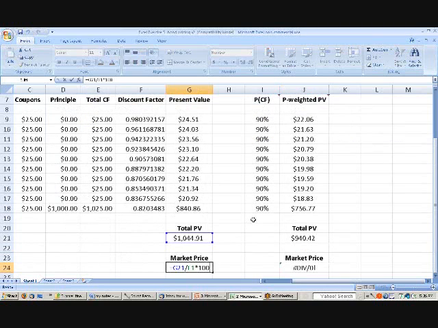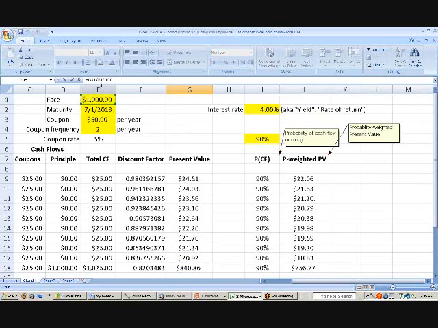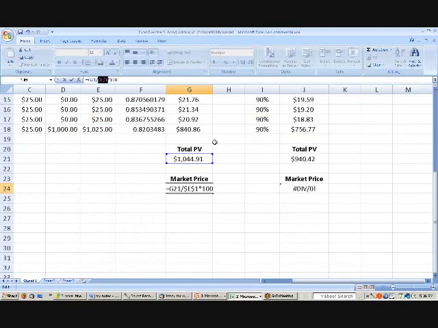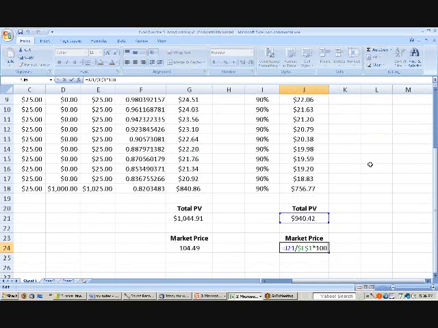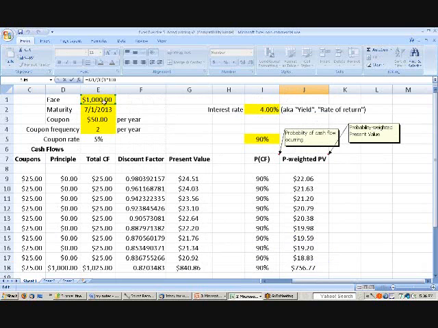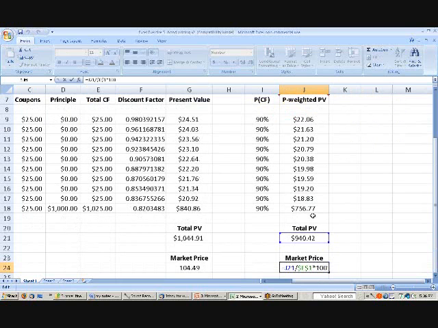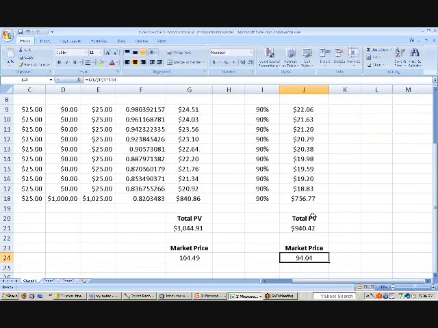Looks like I need to freeze a cell here. I need to freeze E1 before I copy it. So the market price is the total present value divided by the face amount times 100. So 94.04 is the market price, which basically means 94.04% of par.